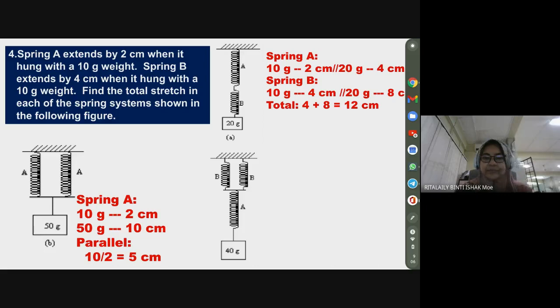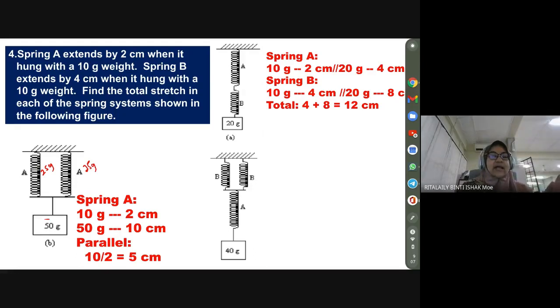So let's look at diagram B. We have two springs in parallel. When we have two springs in parallel, the weight will be divided equally between the springs. So from 50 gram, one spring will get 25 gram, and the other spring will get 25 gram.